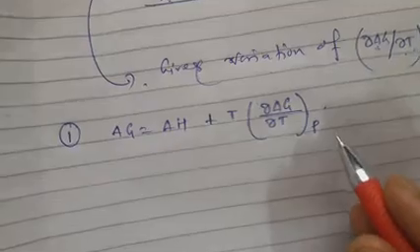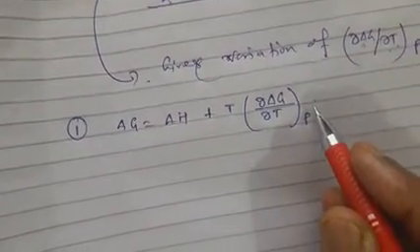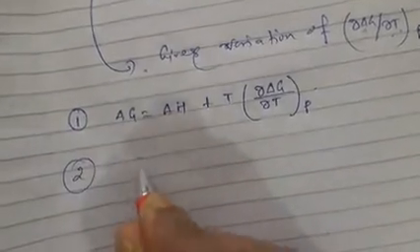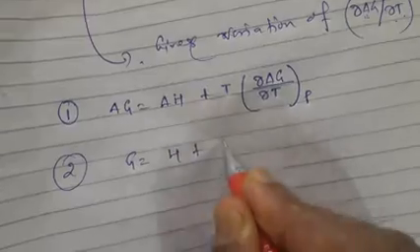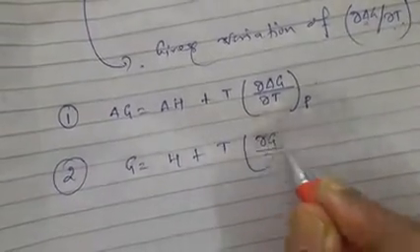This is Gibbs-Helmholtz equation. Now, second form is also G is equal to H plus T del G by del T at constant P.